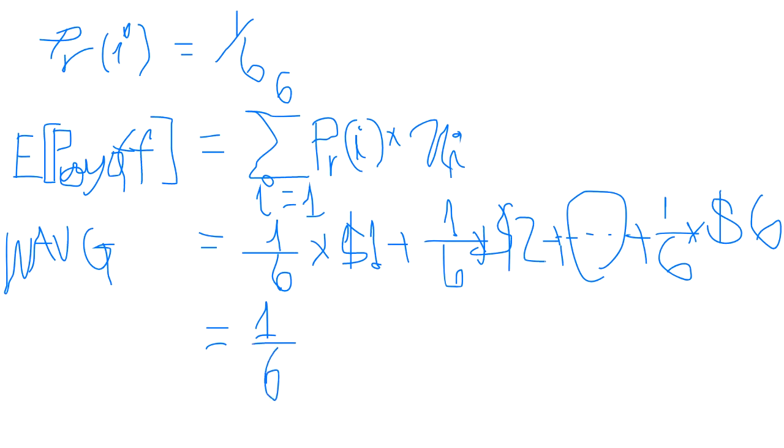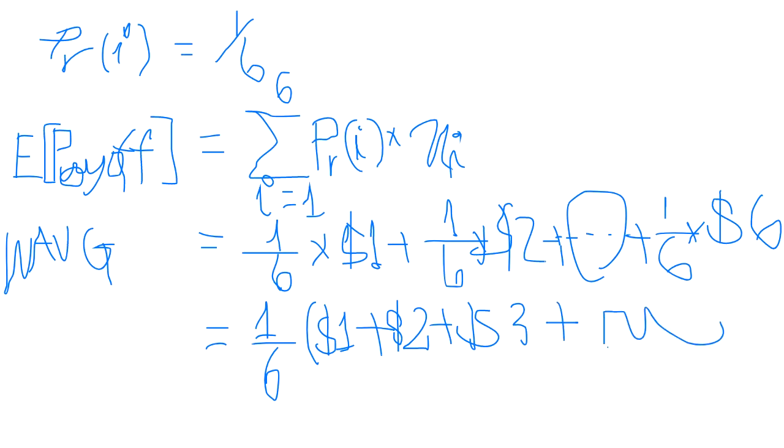Isn't this simply the sum of all the numbers, $1, $2, $3, plus all the way, and then plus $6? Isn't that exactly how you find the simple average? Yes. If you think about it, it's exactly right.